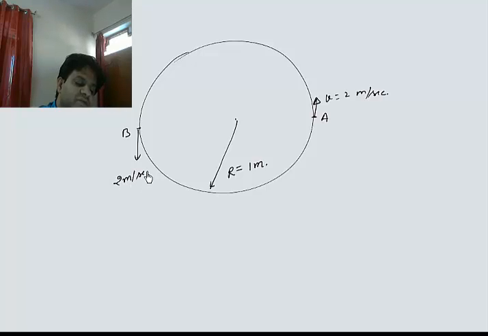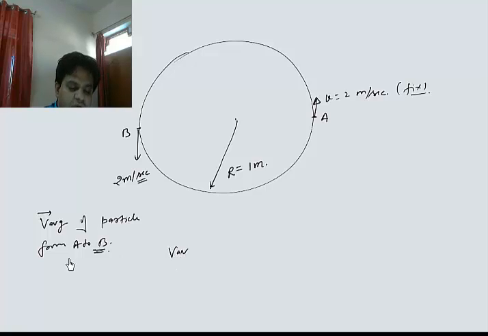The speed of the particle was fixed during its journey from A to B. This speed was fixed, constant speed. So what we are supposed to do is calculate the average velocity of the particle from A to B.